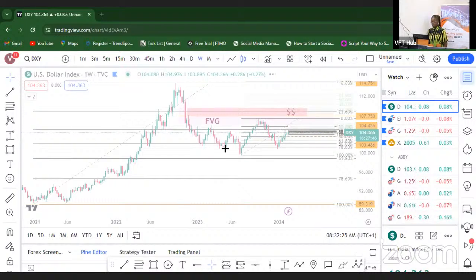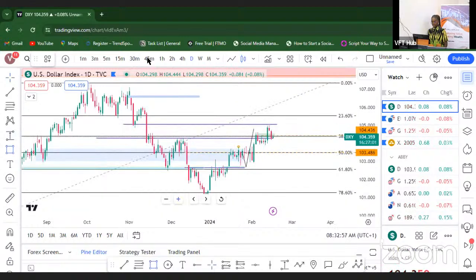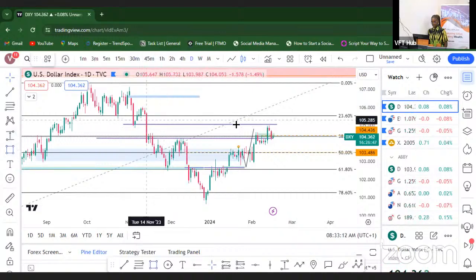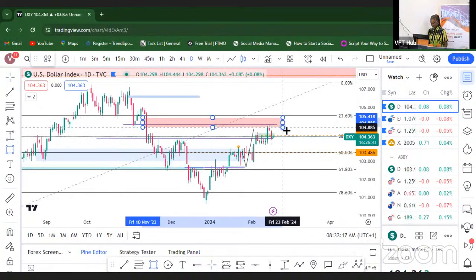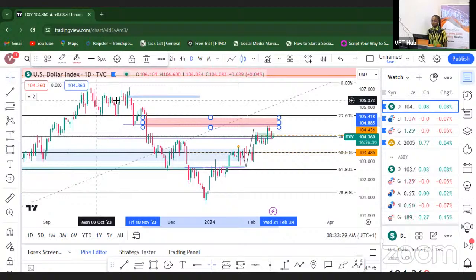My first point of interest, or where I'd want to take my profit, is this value gap here. I want price to trade all the way before I'm confident enough to take my first profit, although price has tapped into this fair value gap a bit and is reacting off it. And then my second point of interest in taking profit is this liquidity residing above. So I am still very bullish on the dollar on the daily time frame.